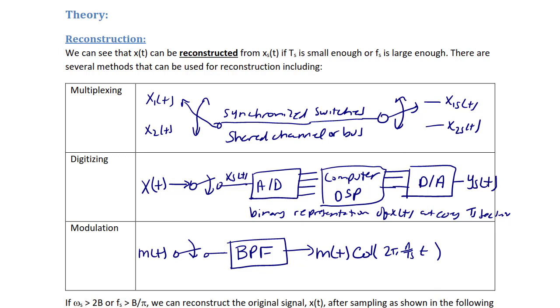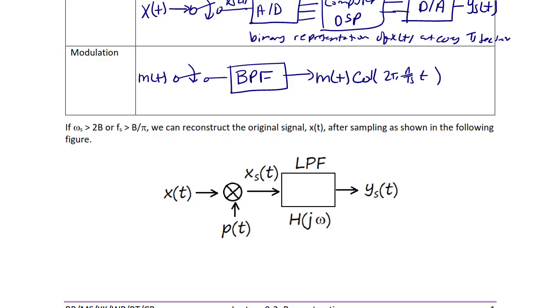So remember, you have to have a frequency so that you can reconstruct the original signal without losing any of the information. And the way we do this is we have to determine the appropriate frequency. So if omega s is greater than 2B, which is the bandwidth of the signal or the maximum frequency, or fs is greater than B divided by pi, the Nyquist frequency, we can reconstruct the original signal x of t after sampling as shown in the following figure.